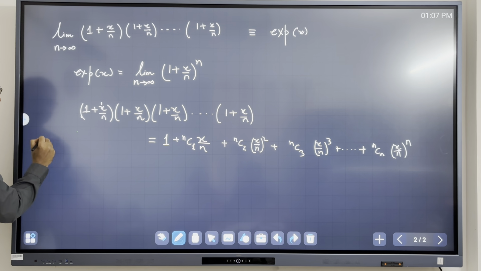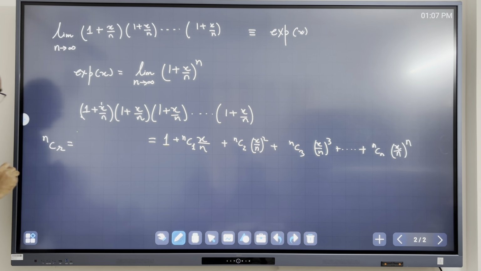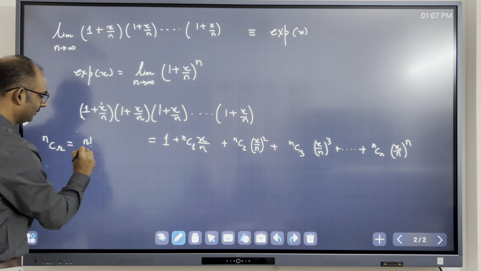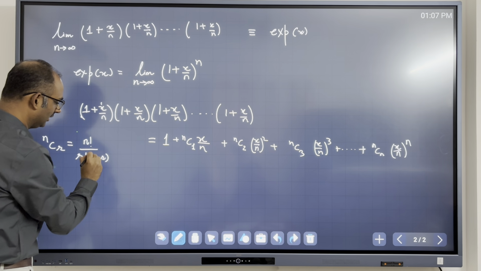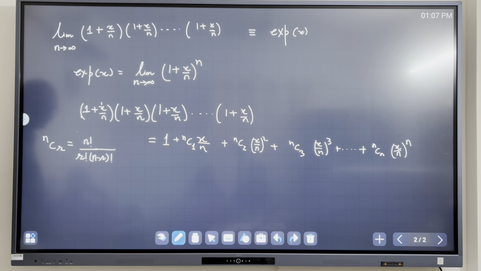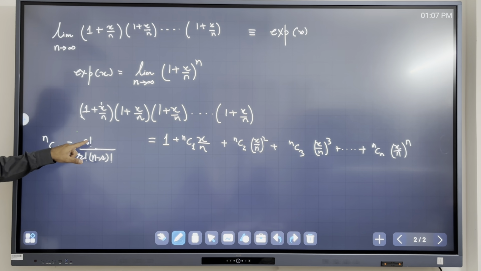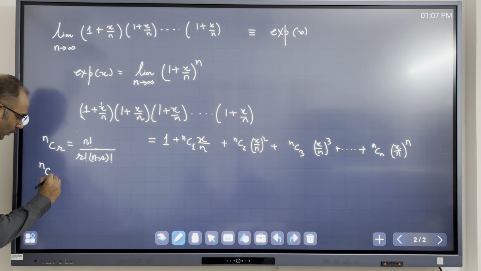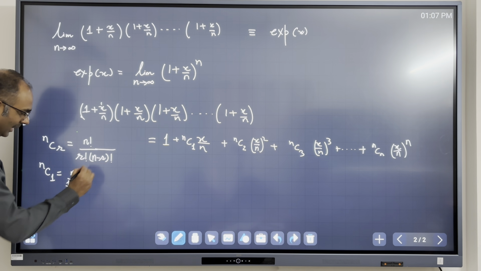Okay, I'll write it. So n choose r. If you have n objects and you have to choose r out of them, then the number of ways in which you can do it is n factorial over r factorial times n minus r factorial. Let's check. First one is n choose 1: n factorial over 1 factorial times n minus 1 factorial, since r is 1 in this case.